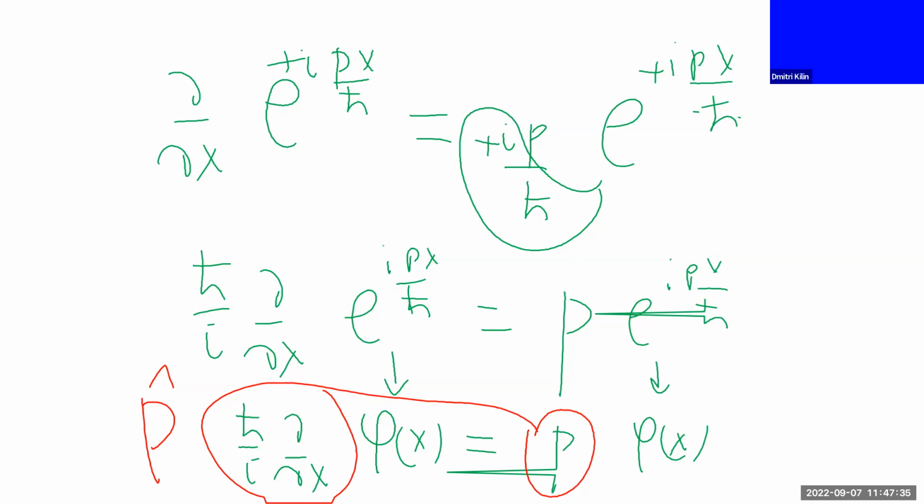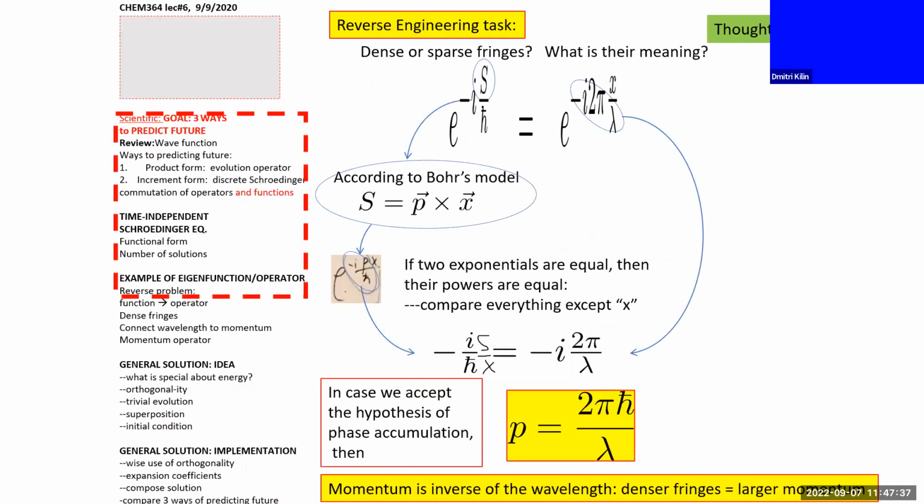Now we're going in the normal direction from equation to the solution. And momentum is inversely related to the wavelength. The shape of the plane wave is prompted by the units of the action and the units of position and momentum.